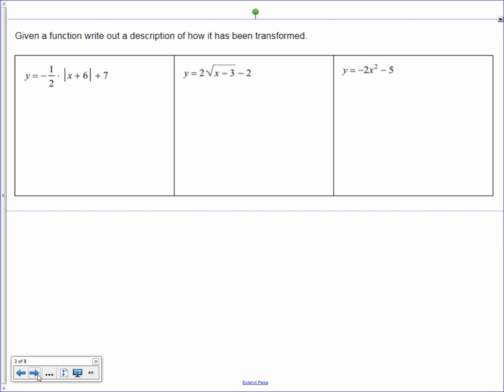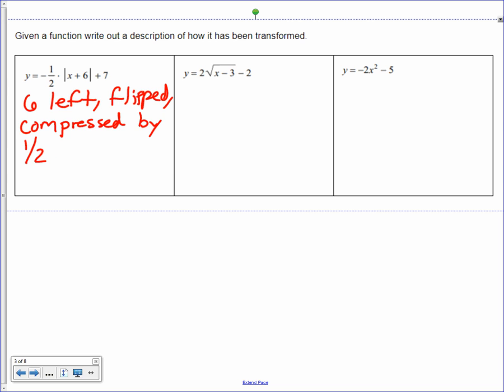The next set of problems gives me an equation and asks me to write the description of what happened. So in this one, it moved 6 left. It flipped over. It was compressed by 1/2. And it went up 7.